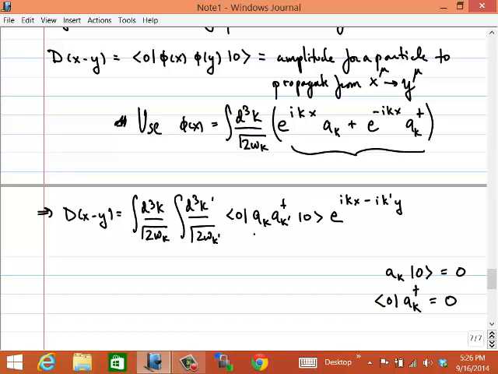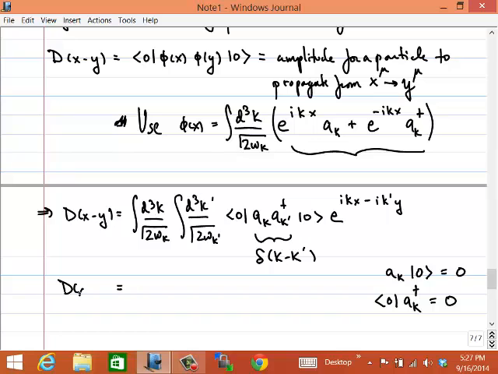And then, of course, we can commute these through one another unless k is equal to k'. If you can commute those through, then that's just equal to 0 because you can act on the vacuum state with the a_k. So that means that k needs to be equal to k', and we get the commutator, delta of k minus k', which we can use to do the k' integral.